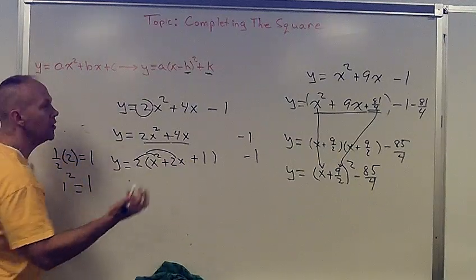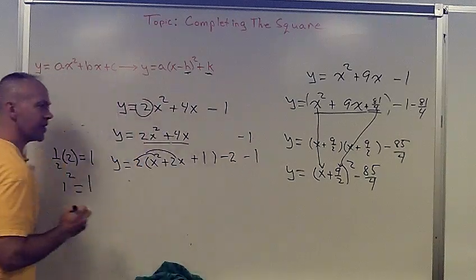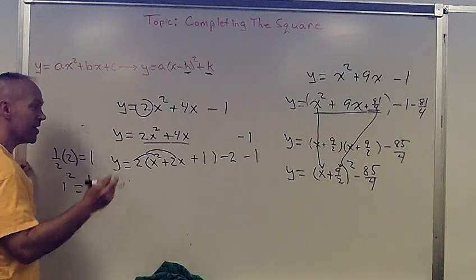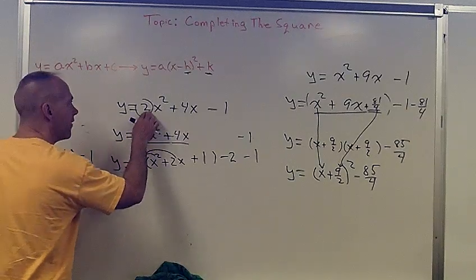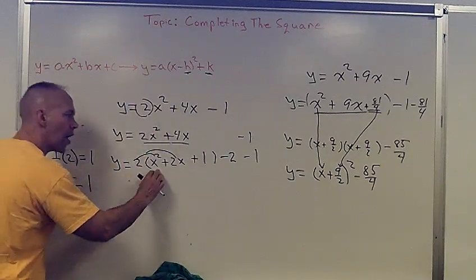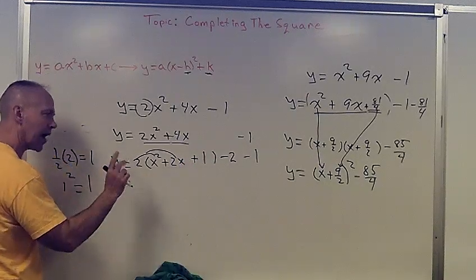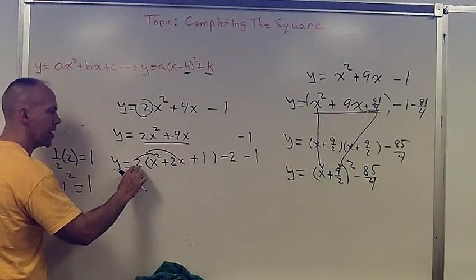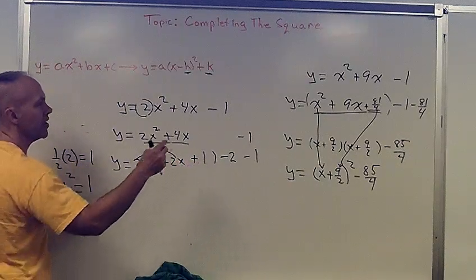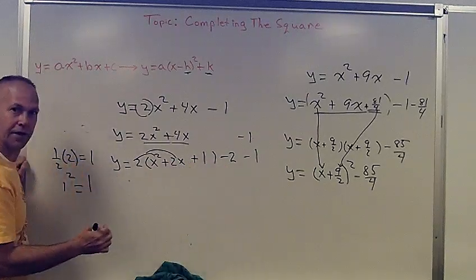So to keep my equation balanced, I've got to introduce its opposite out here, a -2. Okay? So whenever A is not 1, I've got to factor that out. And when I complete my perfect square trinomial, I've got to remember what I really introduced was A times that, 2 times 1. I really introduced a +2. I've got to introduce a -2.